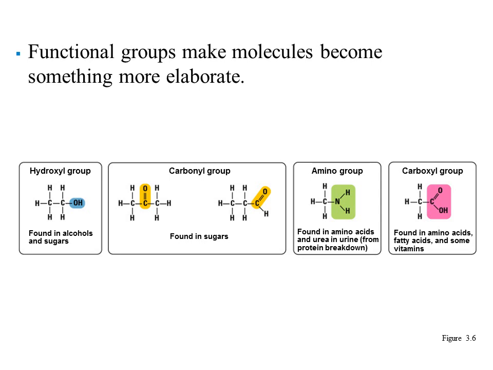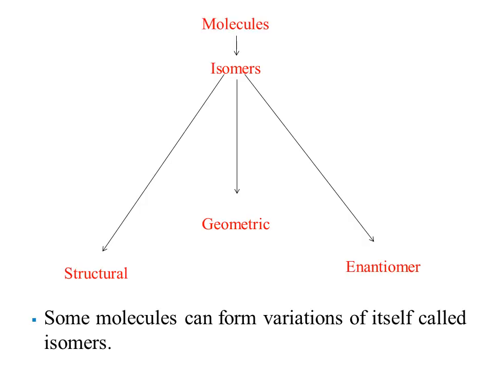So the functional groups can make molecules become even more complex. You can take a simple hydrocarbon and turn it into a sugar. You can take a simple hydrocarbon and turn it into an alcohol. You can take a simple hydrocarbon and turn it into amino acids just by adding functional groups.